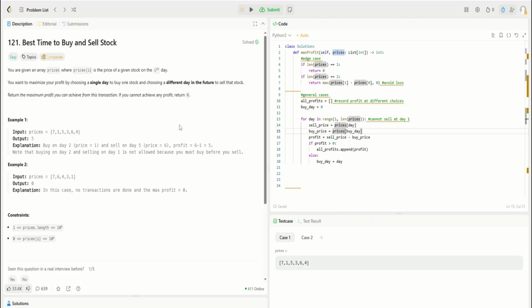Why? Let's illustrate this again. So we still have these points, and suppose we buy here.